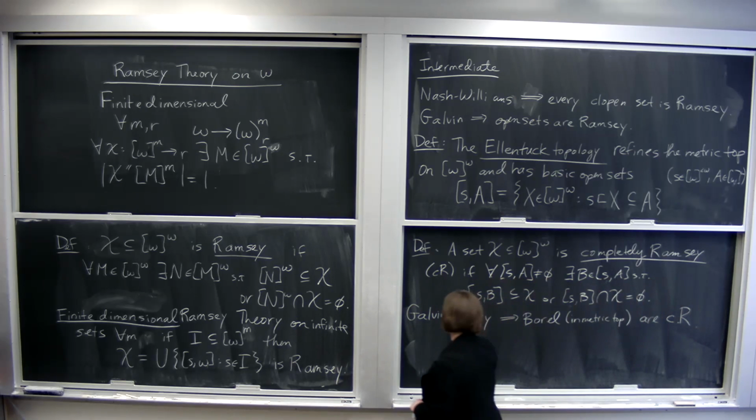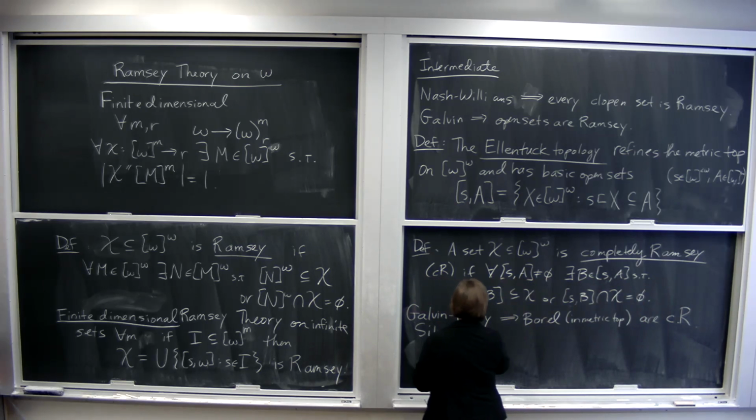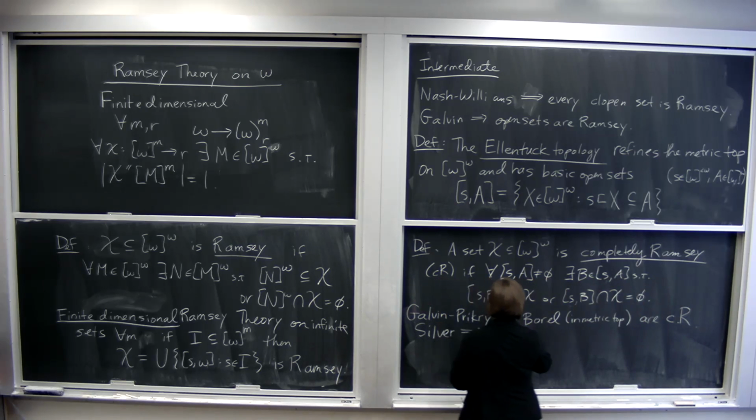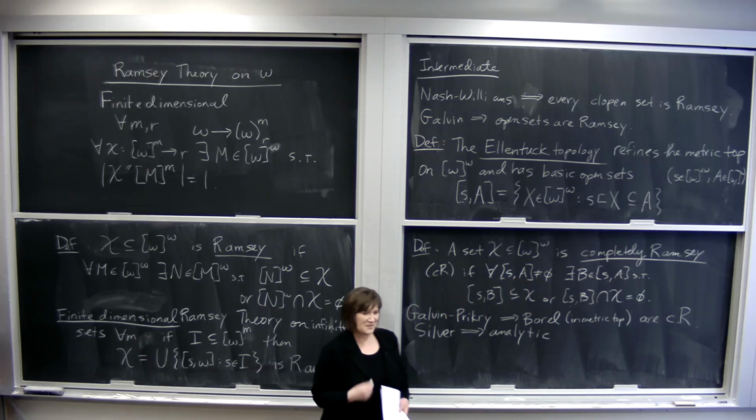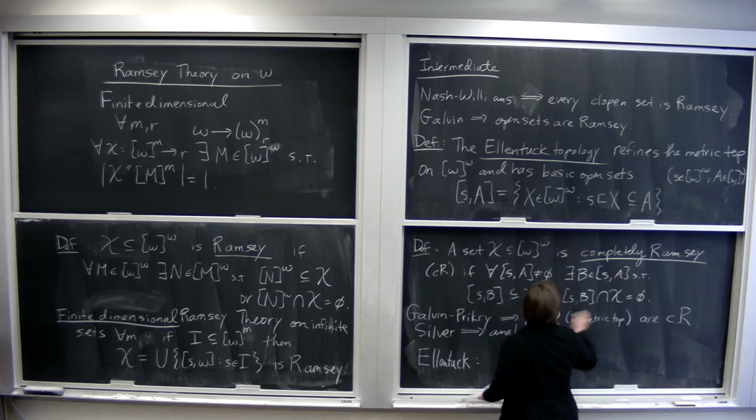Okay, and then Silver extended that to analytic. And of course, the next step would have been Suslin, but then Ellentuck surpassed that quite quickly and characterized the completely Ramsey sets in terms of this topology.